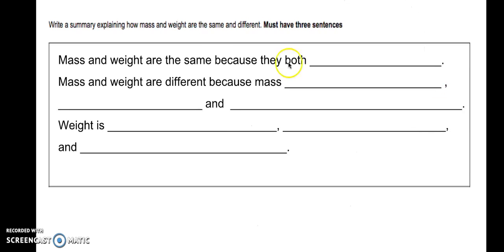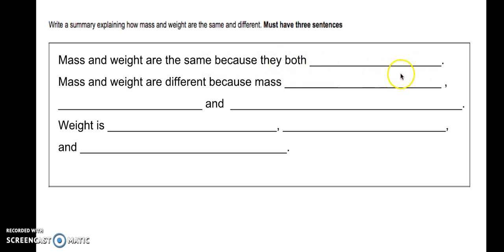All right, students, finally, on the back of your paper, flip script. It says, write a summary explaining how mass and weight are the same and different. You must have 3 sentences. I wrote some sentence frames for you to get started. Your first sentence should be starting like this: Mass and weight are the same because they both.